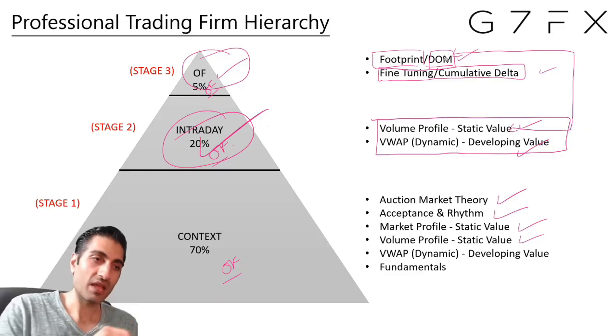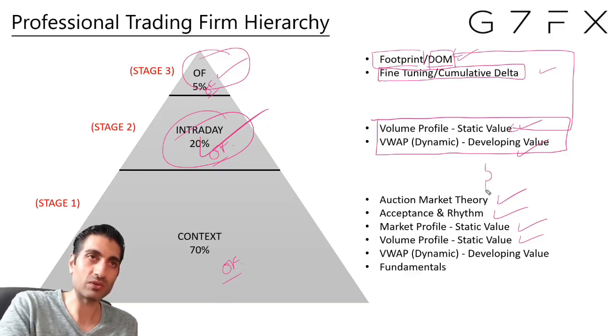So where you saw me moving around the nodes, that's a node, and then that's a low node. It's called a LVN, low volume node. And then these are called HVNs, high volume nodes, all right?